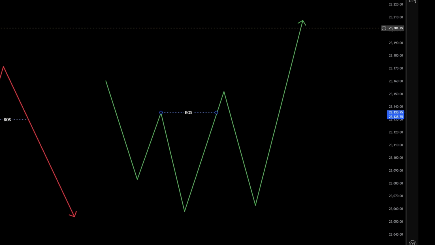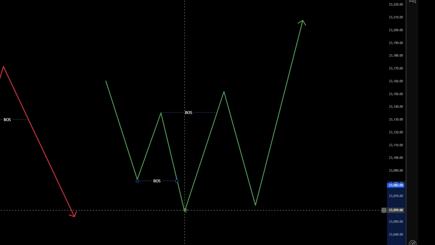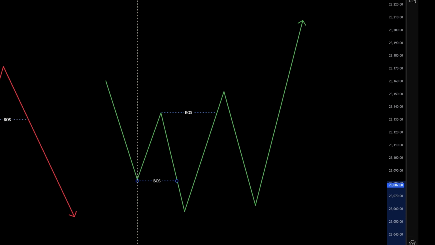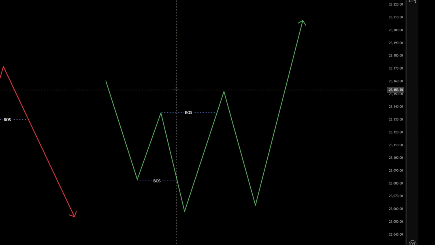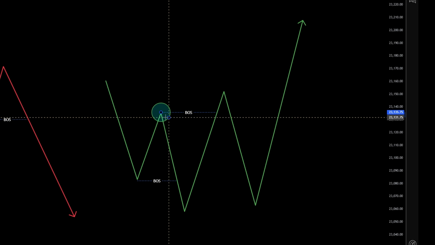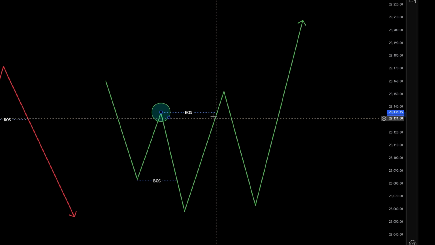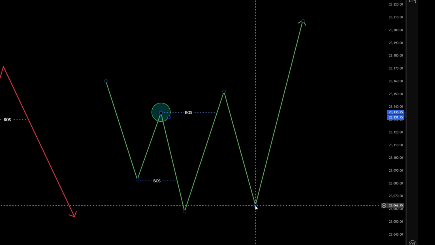Now, before we were breaking structure to the downside, and we expect that to continue. Now we've broken it to the upside. So there's our first indication that something is wrong, and our first failure of our strong structure to hold price below it. Now when we break above, we come back down, and now what would we expect if we were going to continue to trend downwards?